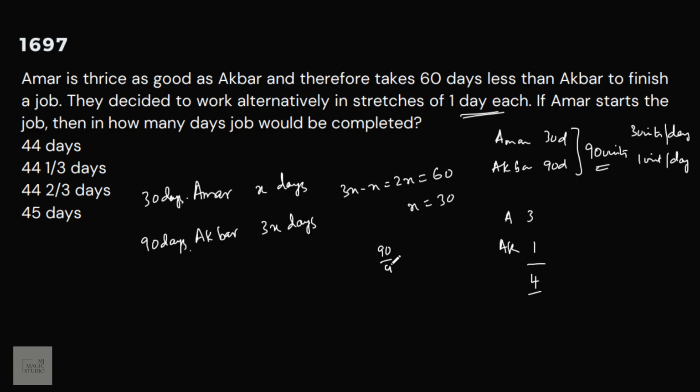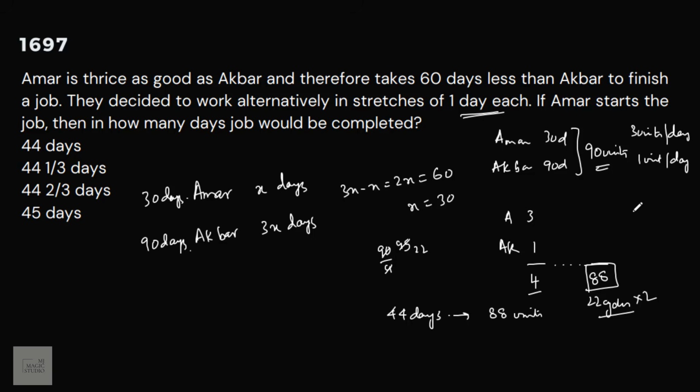So 90 by 4 would be 22. So 22 cycles, 22 into 4 is 88 units, are produced in 22 cycles of 2 days. That means in 44 days, 88 units are produced.